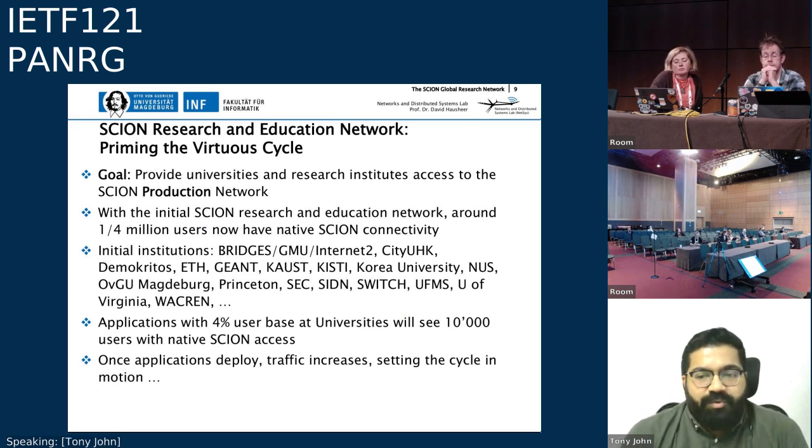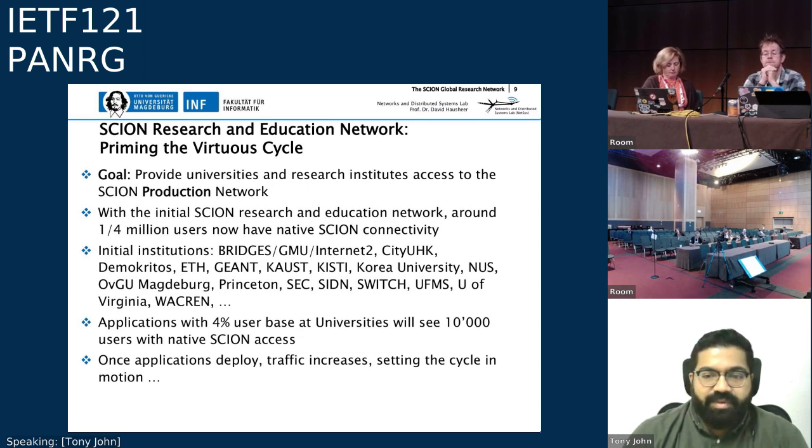So how do we prime this virtuous cycle? To this end, we have undertaken the initiative to provide universities and research institutes access to this SCION production network. This deployment has already reached quite far. At this point, we have around 250,000 users that have access to native SCION. This includes institutions like GÉANT, universities, and research institutes, as you can see listed in the slide.